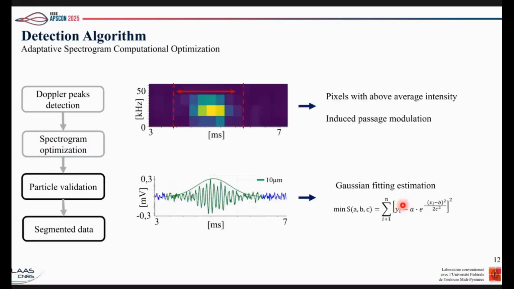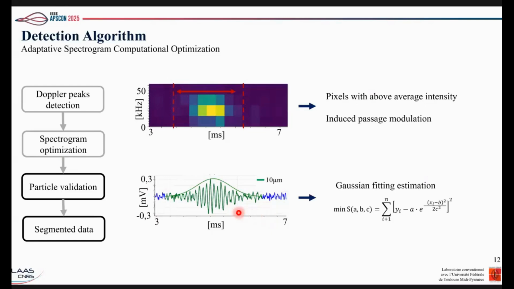Once we have the spectrogram, we need to define the specific time stamps where the particle starts and where it ends. For that, we detect all the pixels that are above the average intensity of the spectrogram. This permits us to delimit where the signal starts and ends, and later we correlate that with the temporal information of our signals.